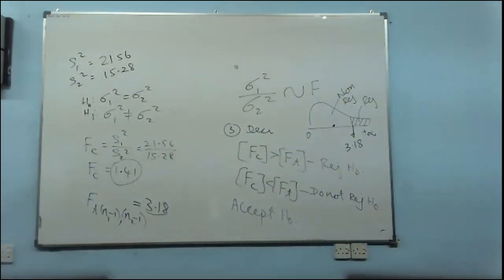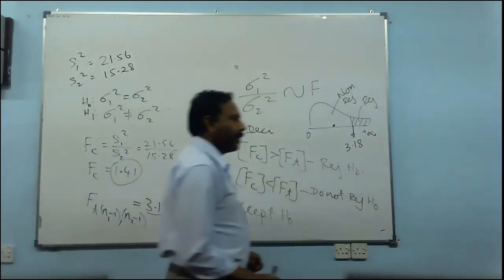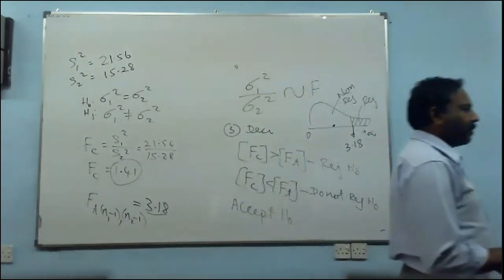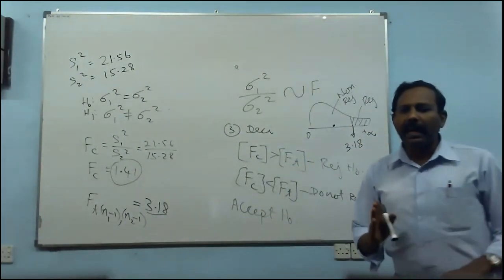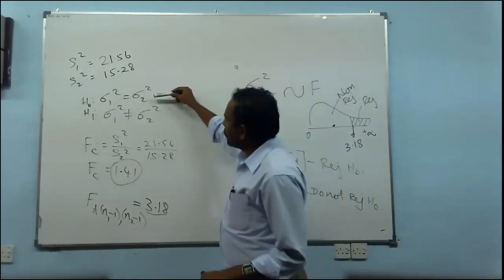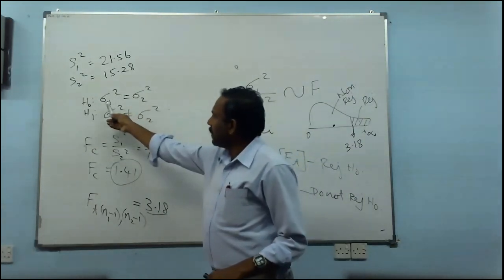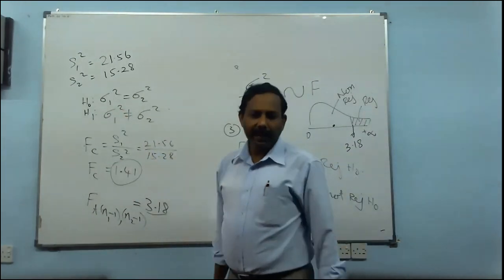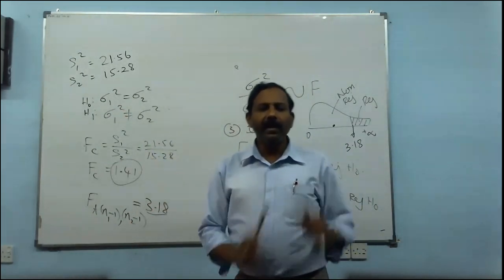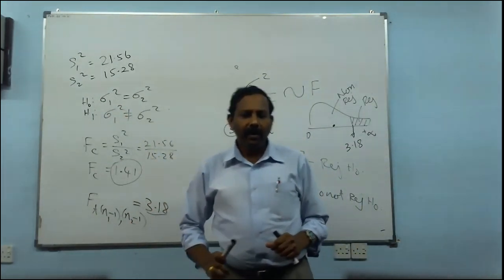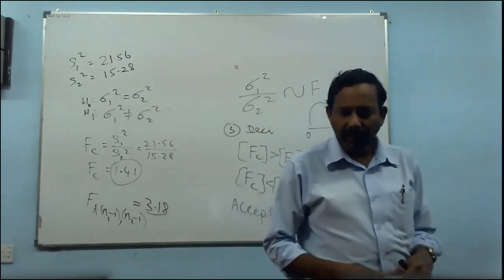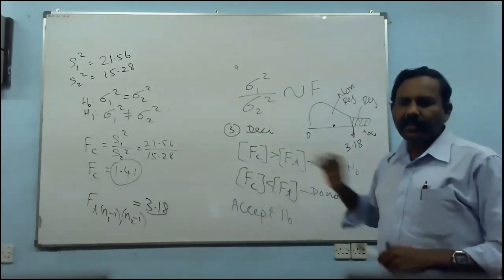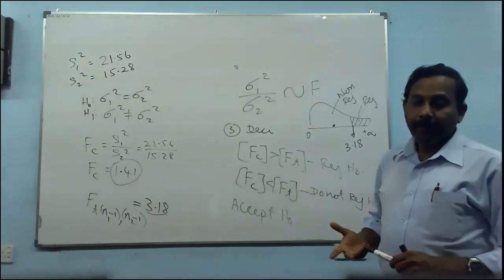Valid, because we are accepting our null hypothesis. The null hypothesis says the variances are equal. So our assumption is valid, and we can proceed with our normal way of calculation. Clear? So this is an example of how to test it.